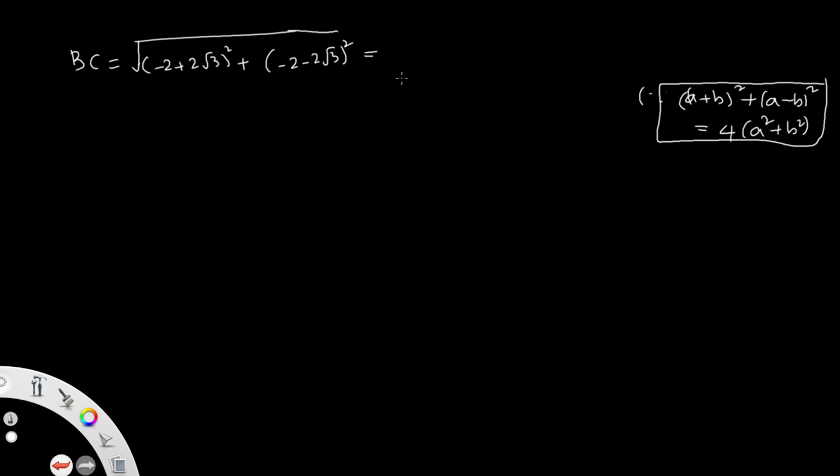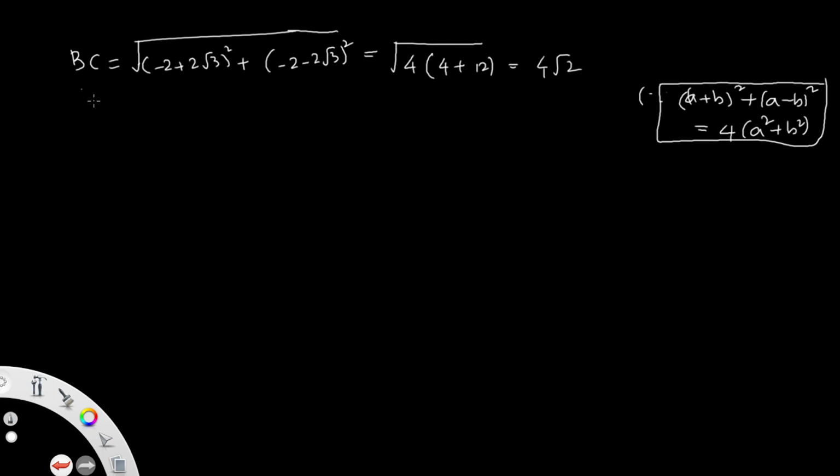That is the basic formula. So root over 4 into a square plus b square, where a square is 4 and b square is 12. That is root over 4 times 16, so simplifying, that is root 32, which is nothing but 4 root 2.